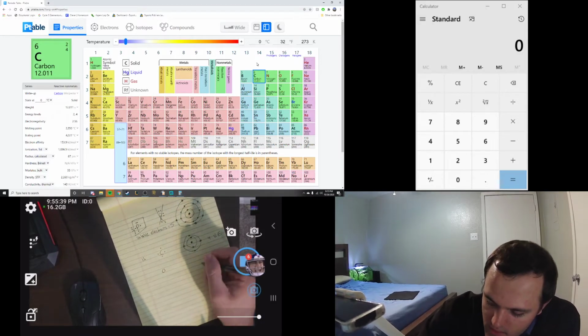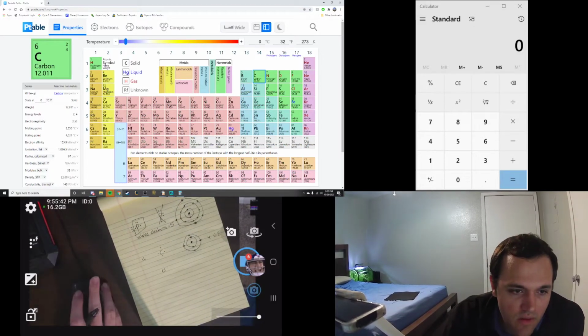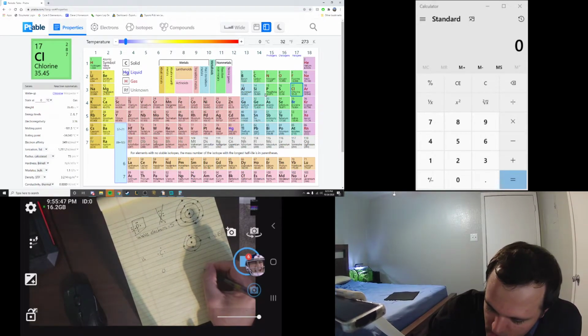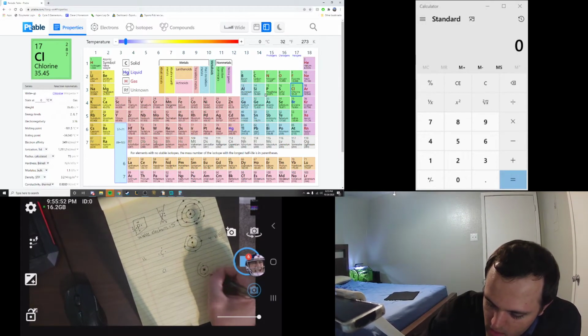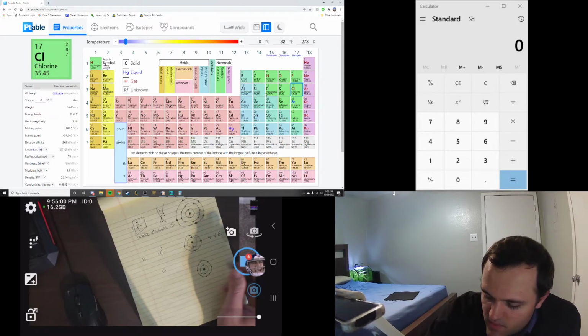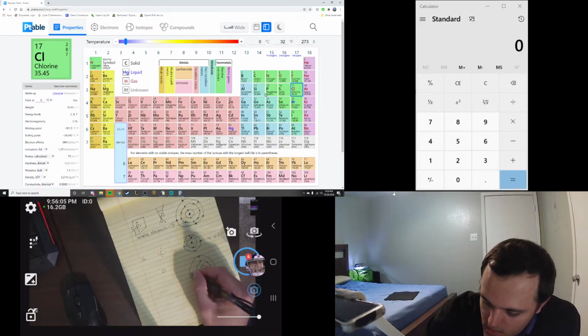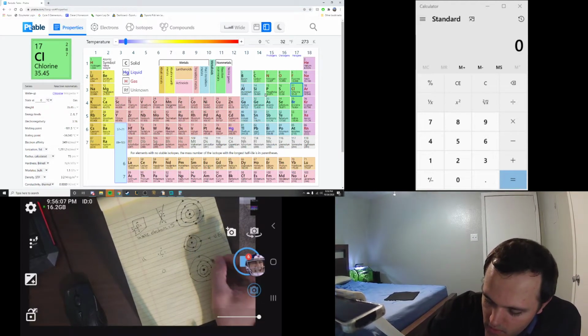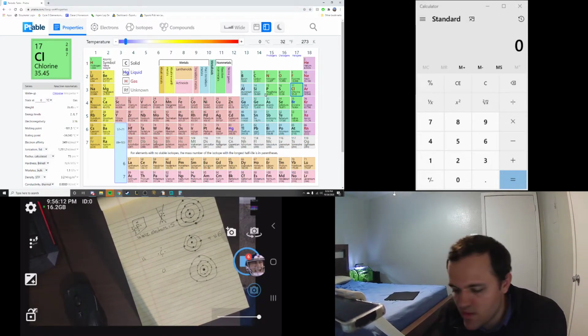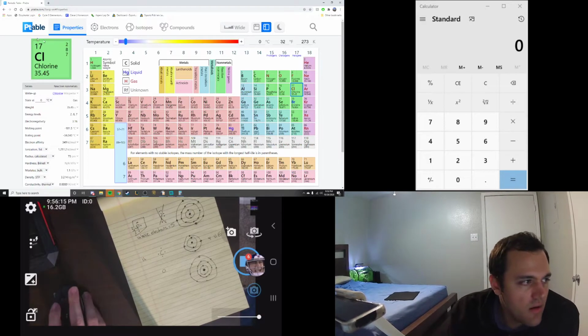For chlorine, chlorine's over here with 17. If we were going to draw its Bohr model, there would be 2 in the inner ring, 8 in the second ring for 10 total so far, and 7 in the third ring for a total of 17, like it shows here.